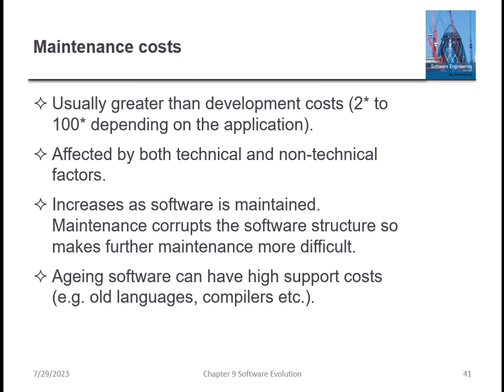Maintenance corrupts the software structure, which makes further maintenance more difficult. Aging software can have high support costs. Aging means old software or old language compilers, etc. So a legacy system with old age becomes difficult to fix and modify.